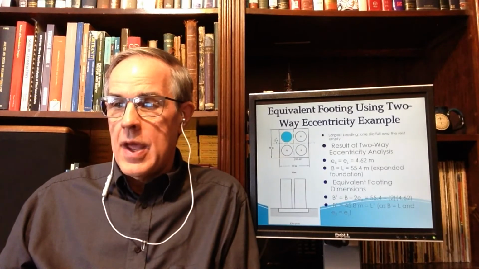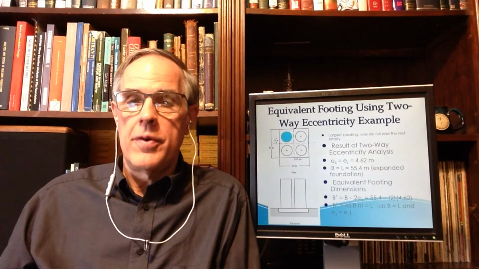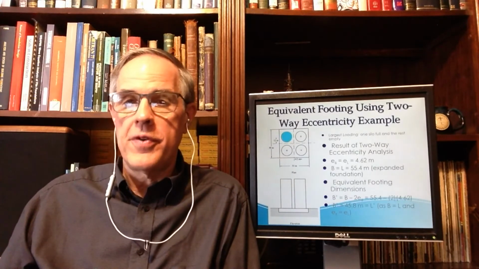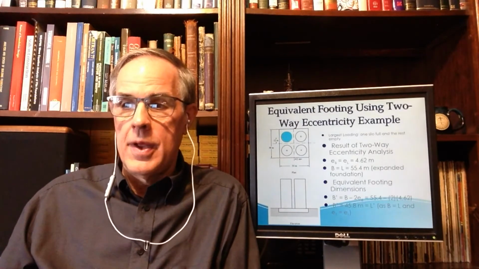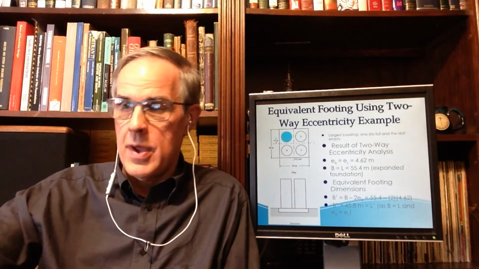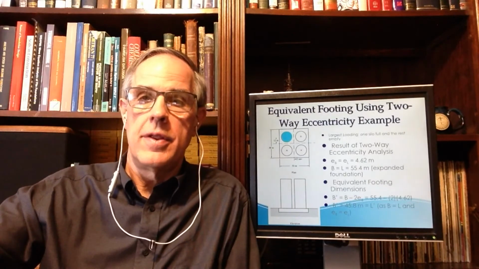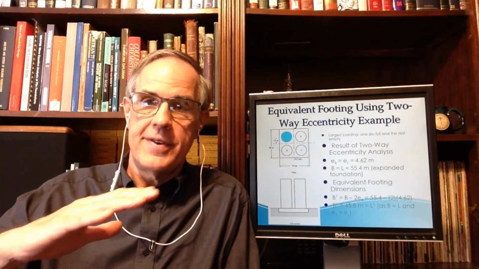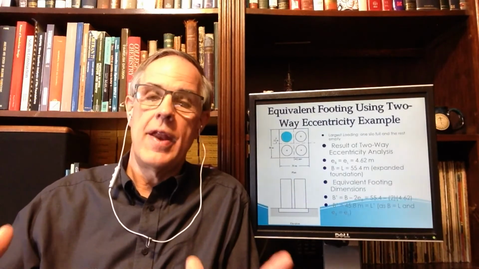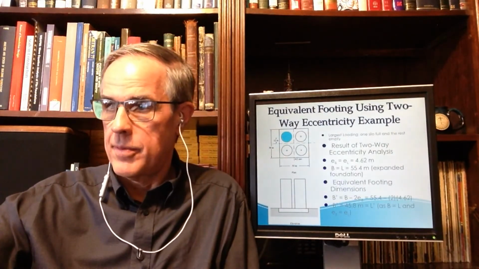And I get a reduced size for analysis purposes of 45.8 meters as L and B as well. Once I've actually done the expansion of the mat, then I can use those dimensions to check my bearing capacity and settlement.